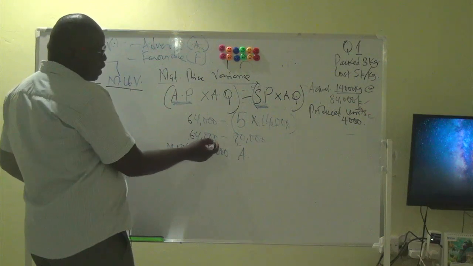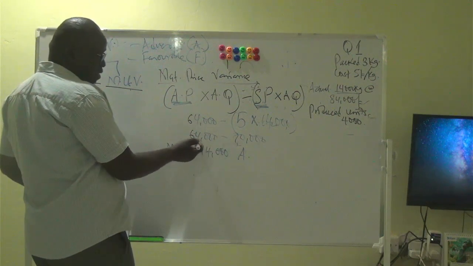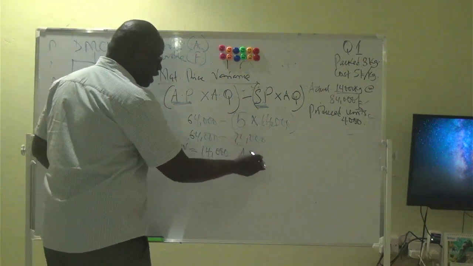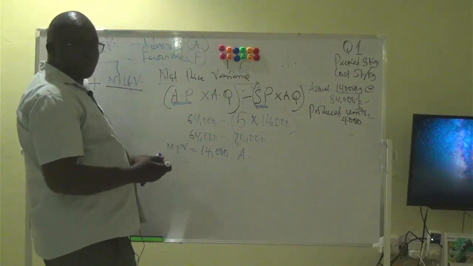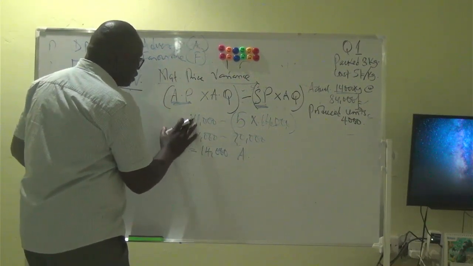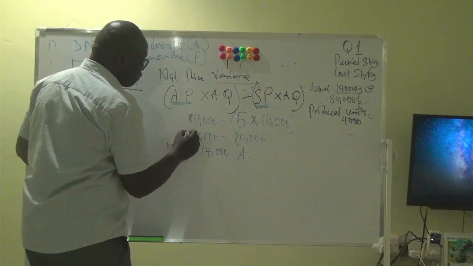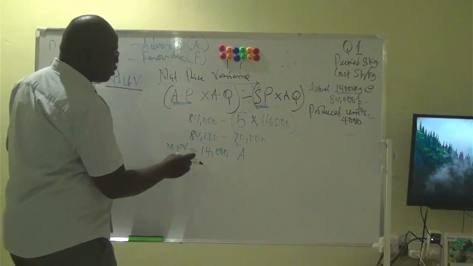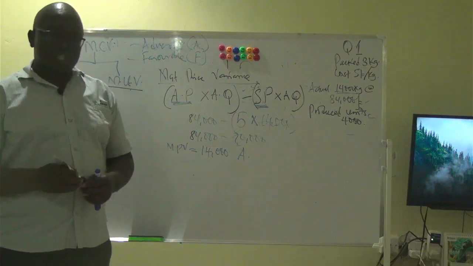Why? Because we have actually spent less than what we had initially planned, 70,000. But our case here is adverse, because that is 84, and that gives us 14.